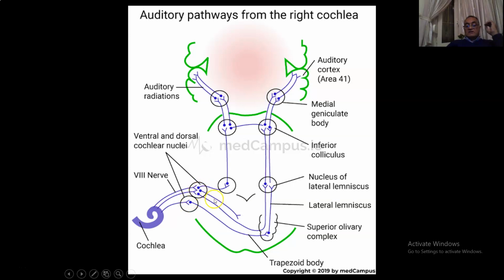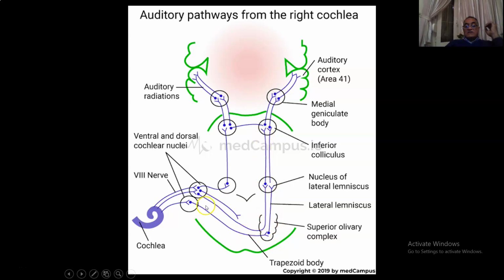The impulses pass from the dorsal nuclei to the ipsilateral and sometimes the contralateral lateral lemniscus, and fibers from the ventral cochlear nucleus pass to the superior olivary complex, and from the superior olivary complex also through the lateral lemniscus.